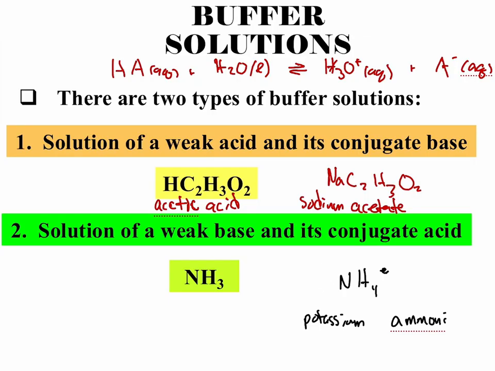I added two positive charges on accident. So this would be ammonium chloride. It's still useful to be able to identify conjugate pairs when we're looking at buffers, because when you make a buffer solution, you're going to be working with conjugate pairs. And this was ammonia, which is our weak base.